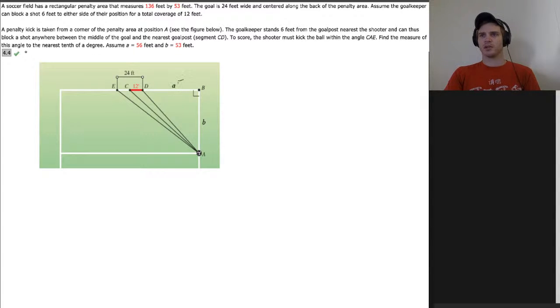All right, so A is 56 and B is 50. So we need to find angle CAE.